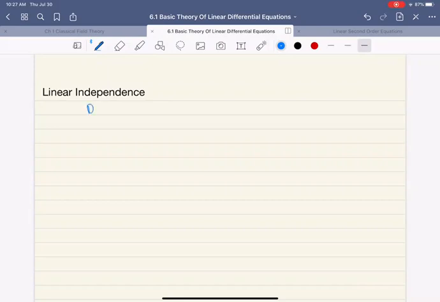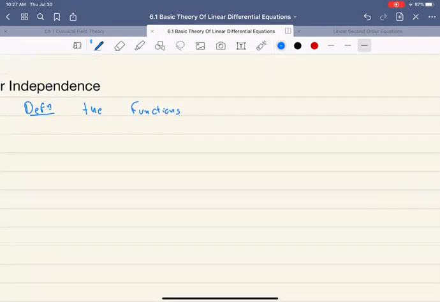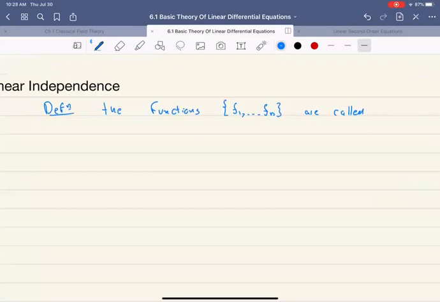So the functions, and we could also think about this in terms of vectors, okay? Because really what we're doing here is we're thinking about functions as vectors themselves, okay? So the functions f1 through fn are called linearly dependent, okay?